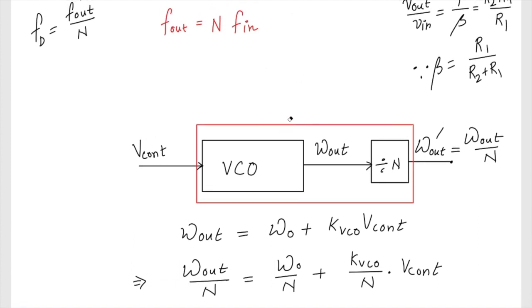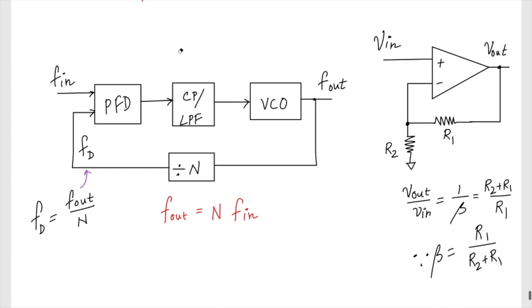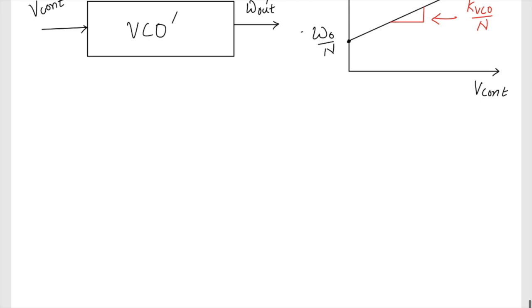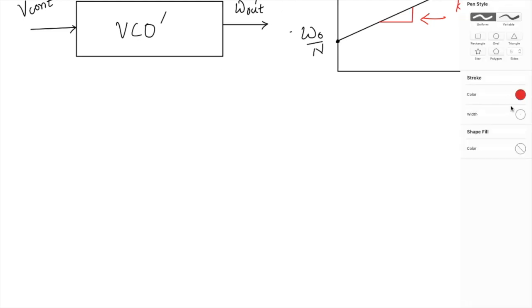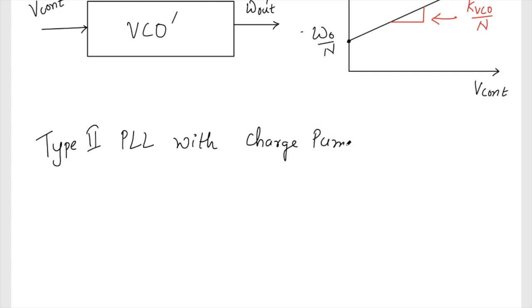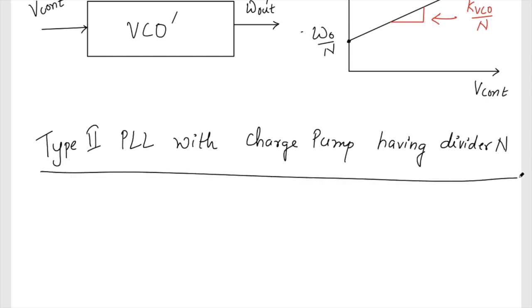For a type 2 PLL with charge pump, having divider N at the feedback part, the transfer function is going to look something like this.